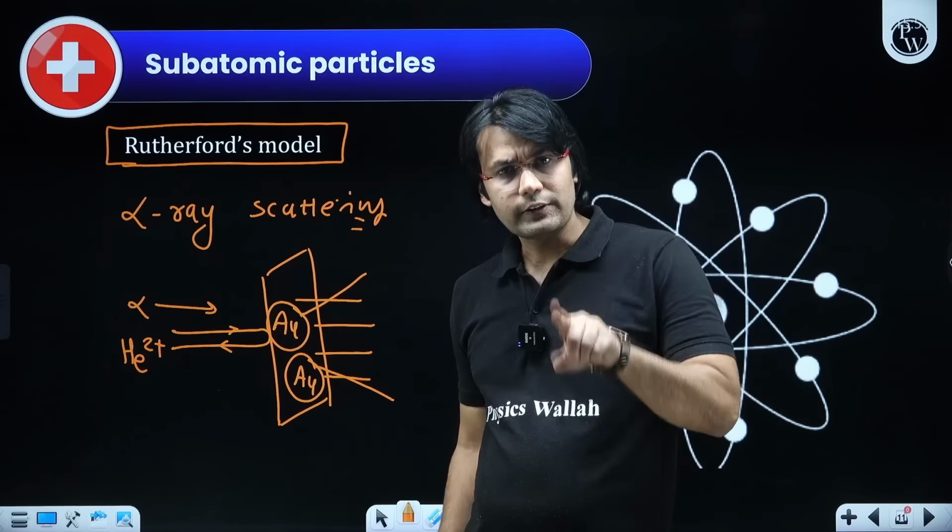For helium plus, if I apply the formula, total energy is minus 13.6 Z square by N square electron volt. For helium, the energy is given as x joule, so I substitute: energy is minus x joule, equal to minus 13.6 Z square by N square. For helium, the atomic number is 2, so Z square will be 4.